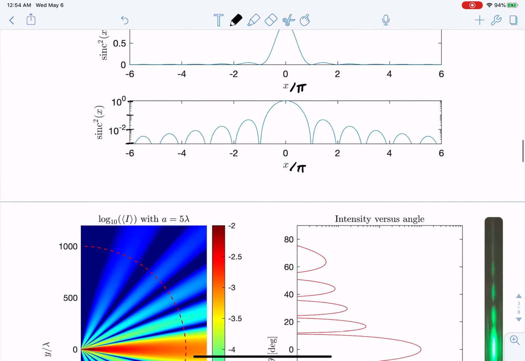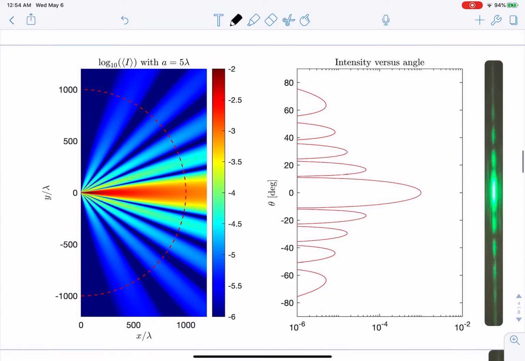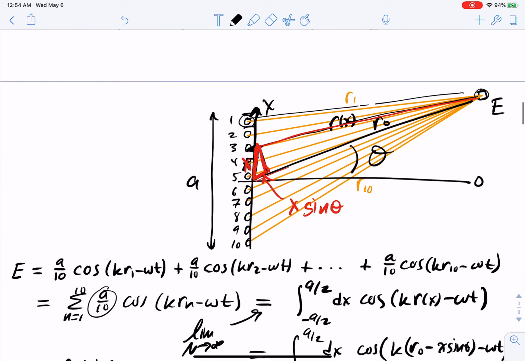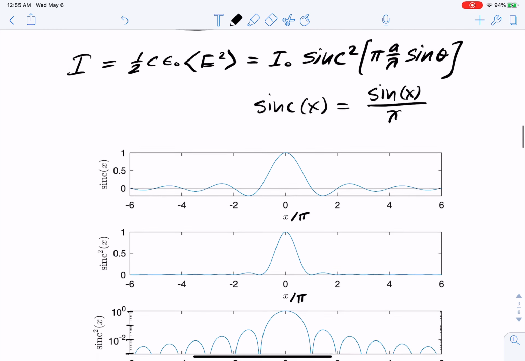Okay, so here is that same thing again, but I've zoomed out a lot. In this case, we've just got 20 here. And remember, this is our distance, R, compared with the opening, which was 5. So 20 is really not much more than 5. So this equation that we have in terms of the sinc wouldn't work in that case.